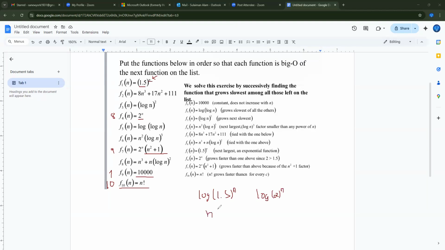The n comes down, so it's going to be n times log of 1.5 and n times log of 2. And log of 2 is greater than log of 1.5. So this is going to be like this. But in general, anytime n is an exponent, this is always going to be greater than polynomials and other logs. Okay, so this is 7.